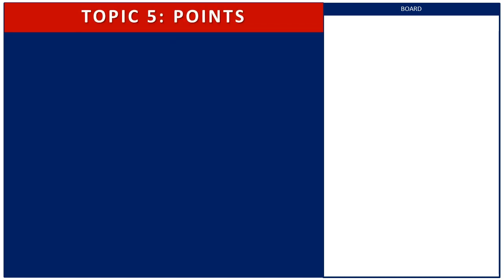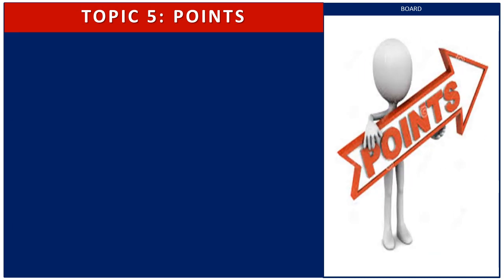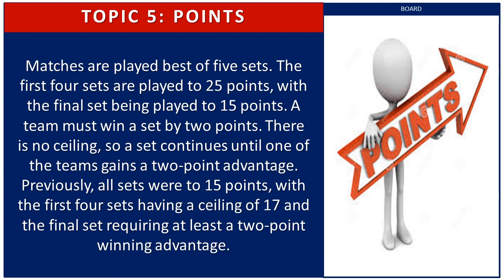So let us now proceed to our topic 5. It is about the points. Remember that matches are played best of 5 sets. The first 4 sets are played to 25 points, with the final set being played to 15 points. A team must win a set by 2 points.